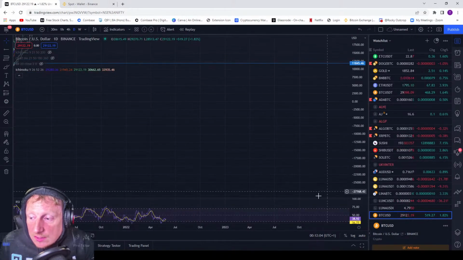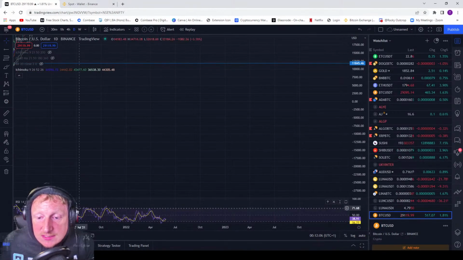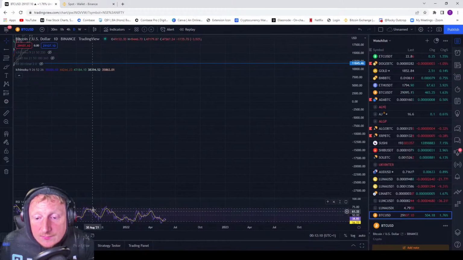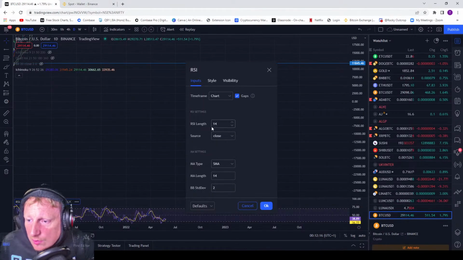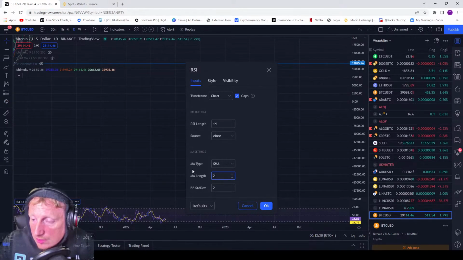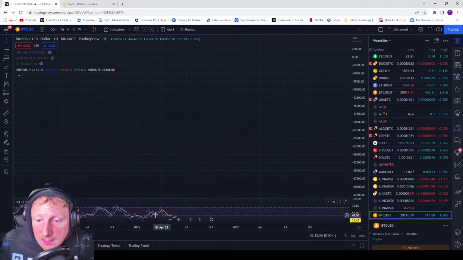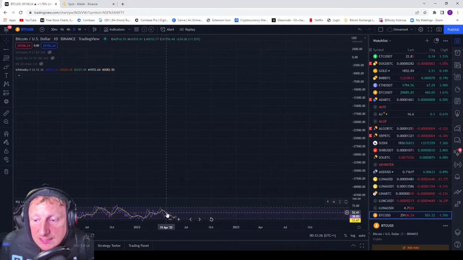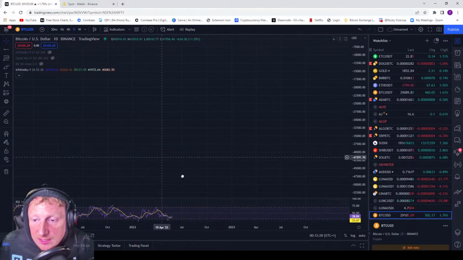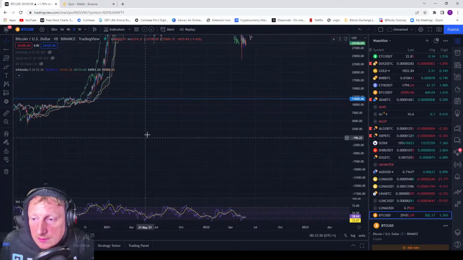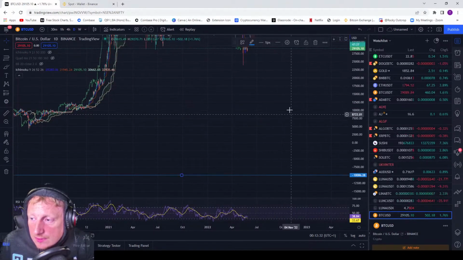We are also looking at this RSI that I'm using, which has the 20 SMA. Is it the 20? If it's not, it wants to be. Moving average, let's go for the 21. There you go, that's better. So we've got the 21 day moving average on the RSI as we come down.